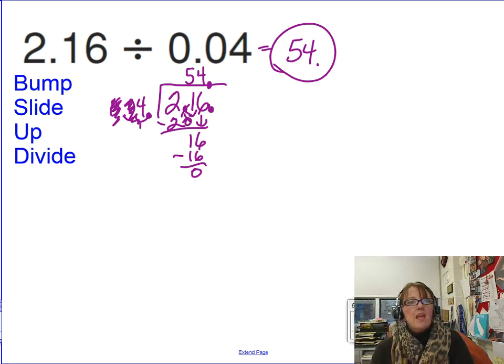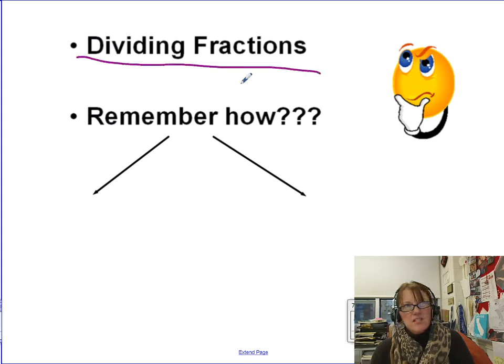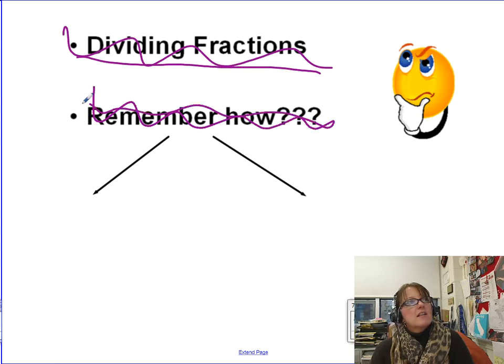Now, what happens with fractions? Dividing fractions. Do you remember how? Well, first, let me just do a little preview here, okay? I just want you to think about this. If I said, what is 10 divided by 2? You'd say, well, 5.